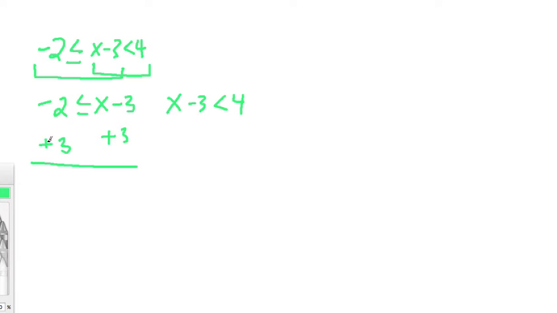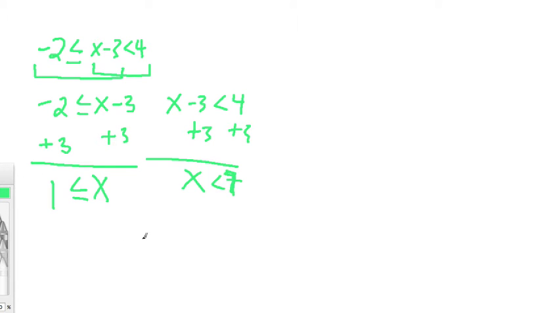Negative 2 plus 3 is 1, so 1 is less than or equal to x. So we know x is definitely going to be bigger than or equal to 1. If I go over here and do the second inequality, I add 3 to both sides to get x alone. I get x is less than 1. And I realized now that I made a mistake, because 4 plus 3 is 7. So x is less than 7.